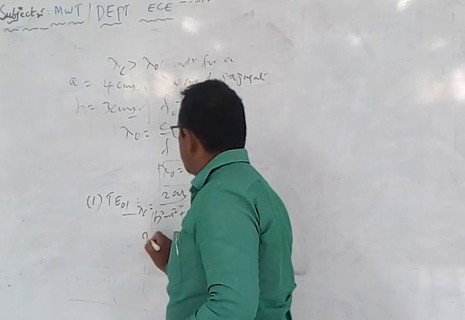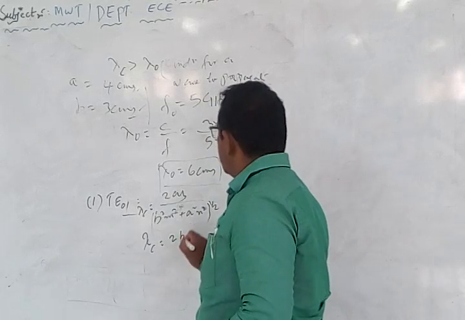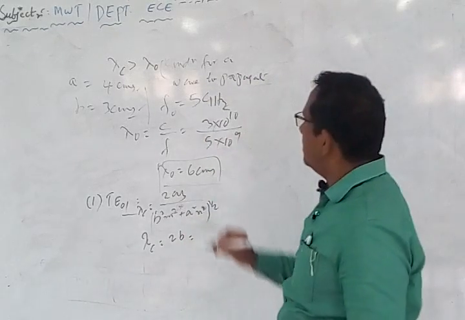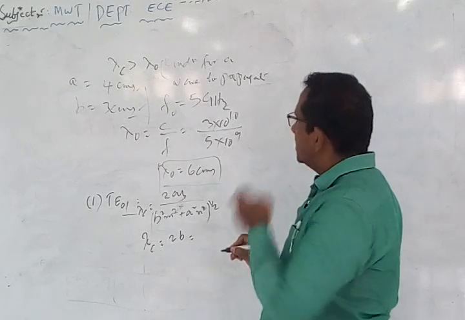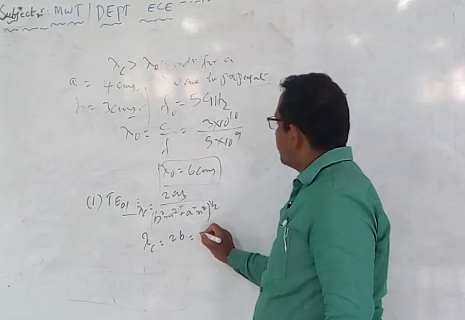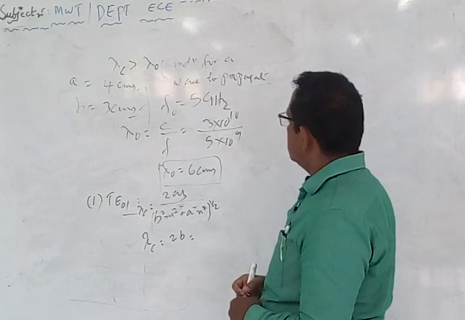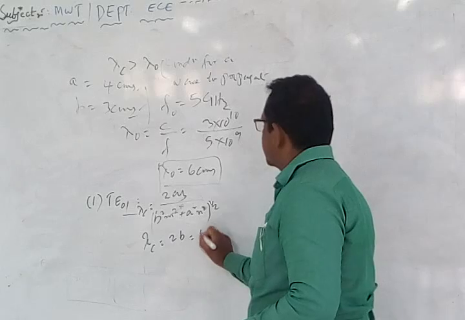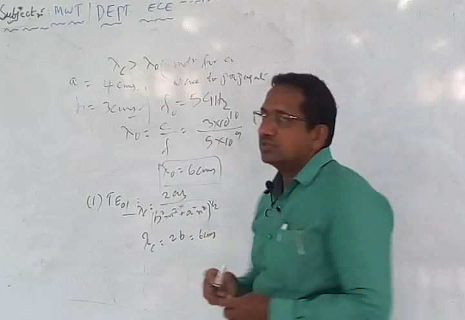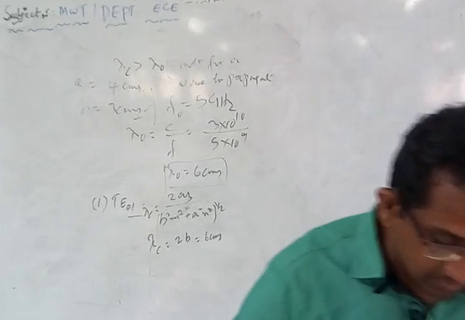Lambda c is equal to 2B. B is given as 3, so it is 2 into 3, which is 6 centimeters. So 6 centimeters is what we get for lambda c.